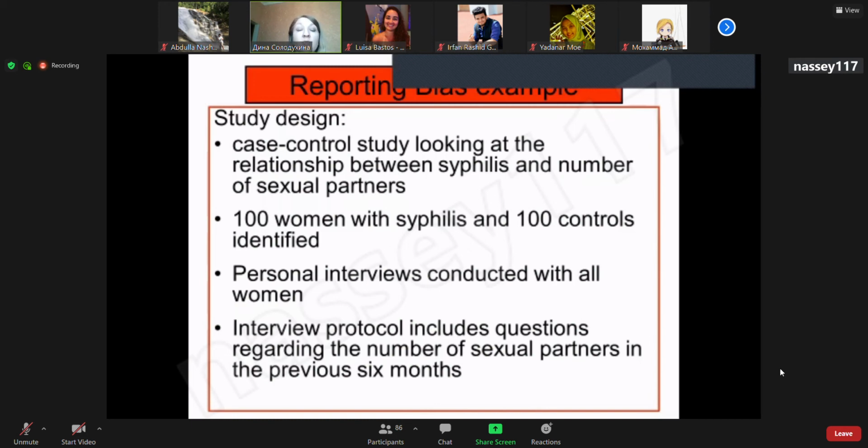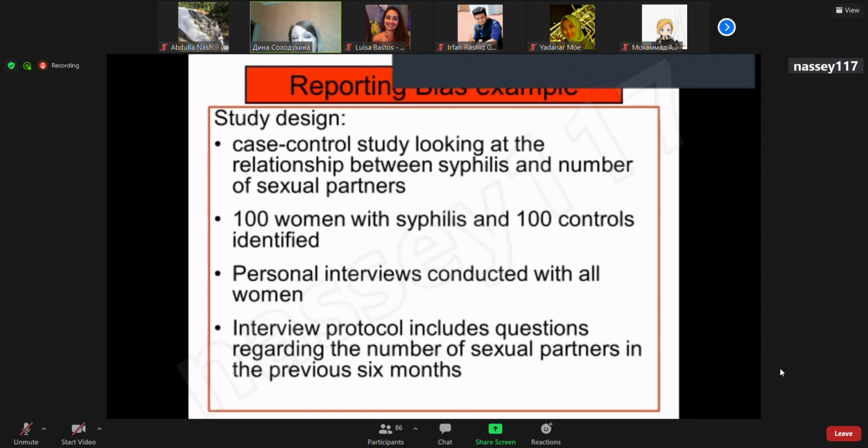Let's say if we investigate relationships between syphilis and number of sexual partners, we use a case control study, and we ask 100 women with syphilis and 100 controls without syphilis about the number of sexual partners in the previous 6 months.